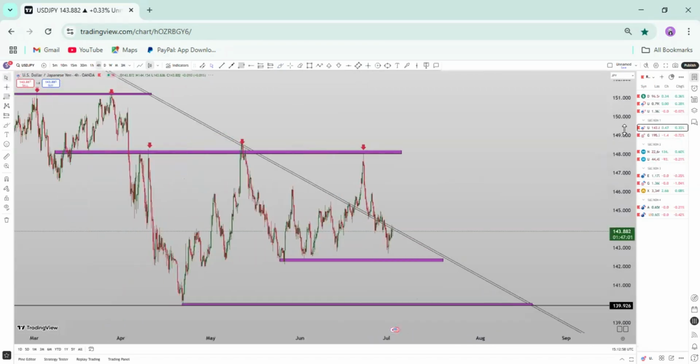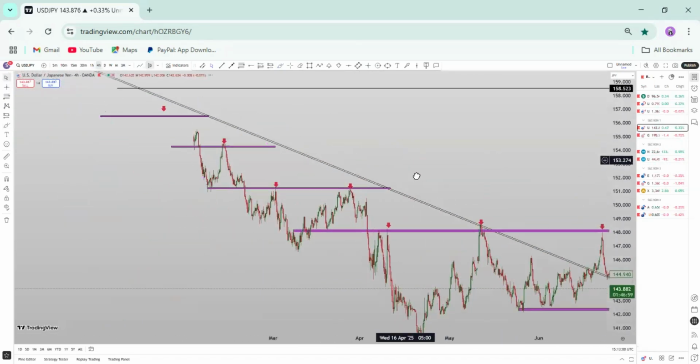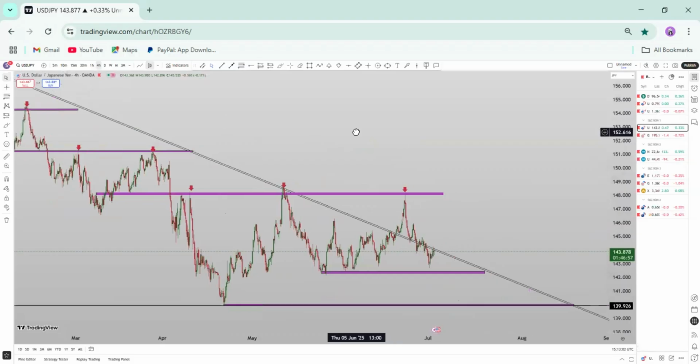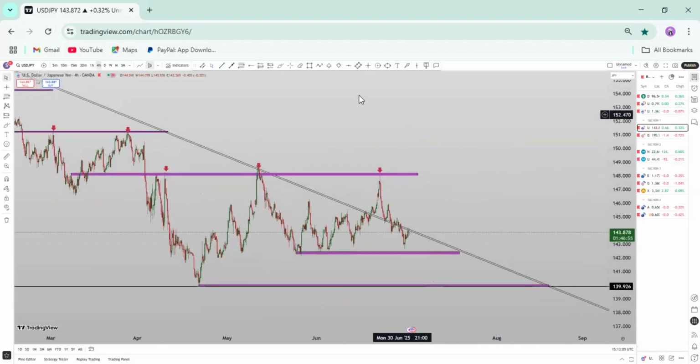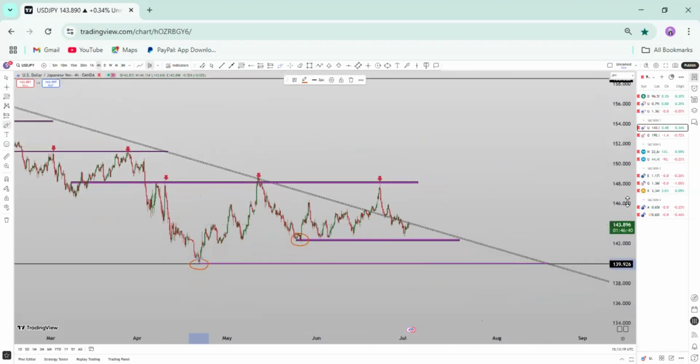On USD JPY, there's not much to see. We have a small low here, and we have the main low around here, so we have two demand zones. If I will continue with the selling setup, I want to see this market break these two levels around here, then retest.